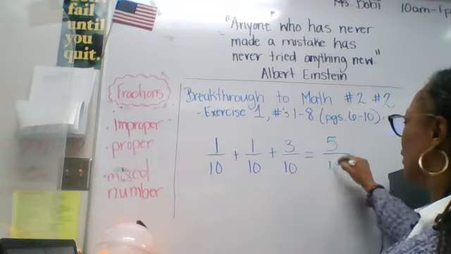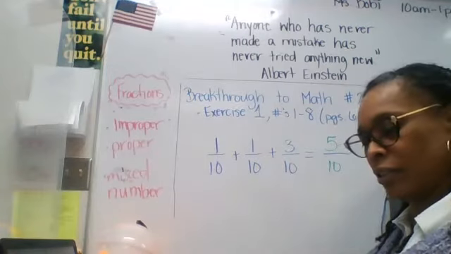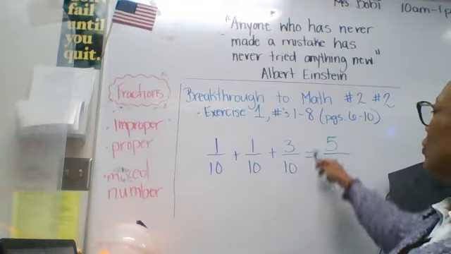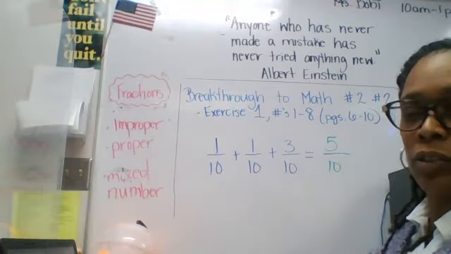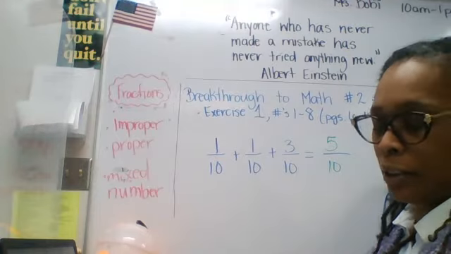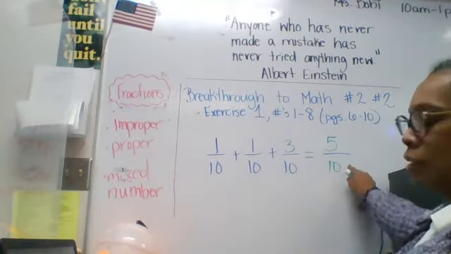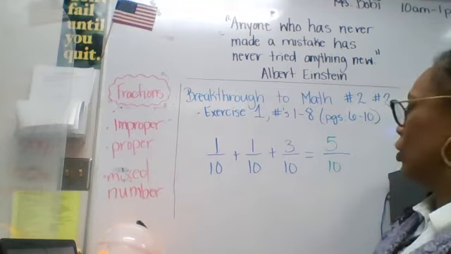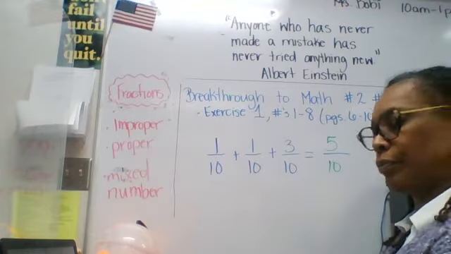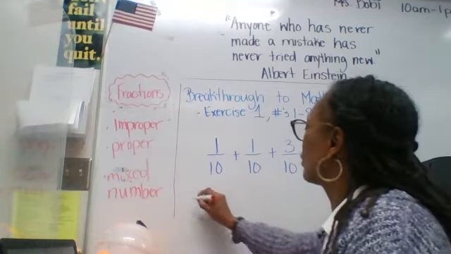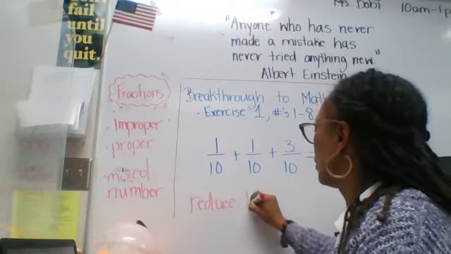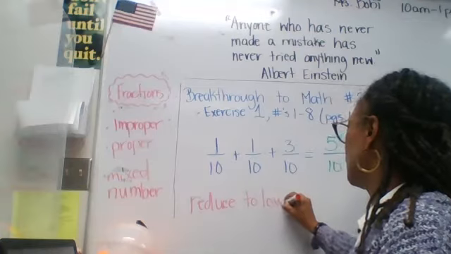And then we keep that 10. Uh-oh. Looks like something needs to happen here. If you've been practicing those multiplication charts, or just practicing, then you already know that something needs to happen here. Which means we need to reduce to lowest terms.